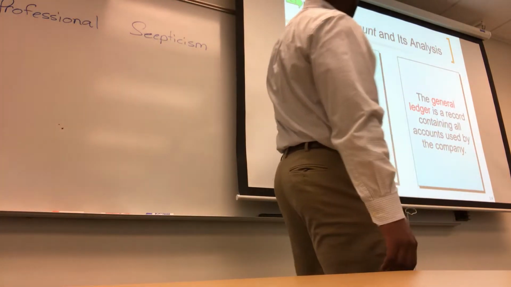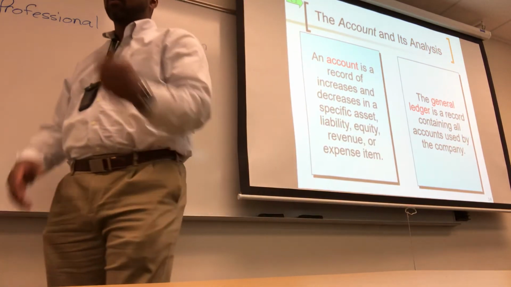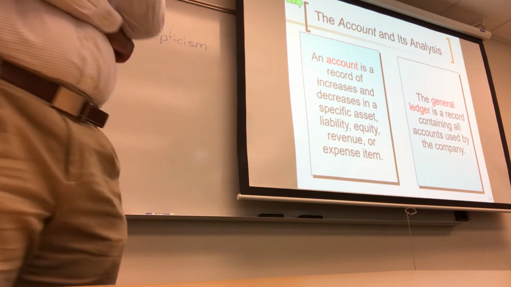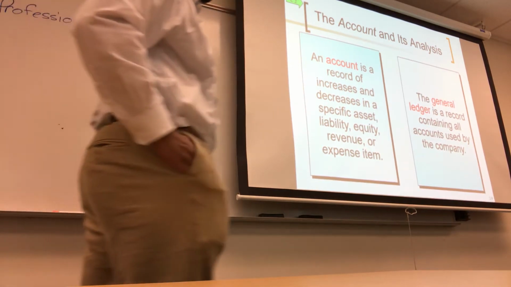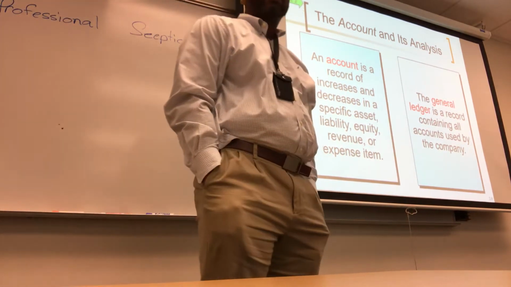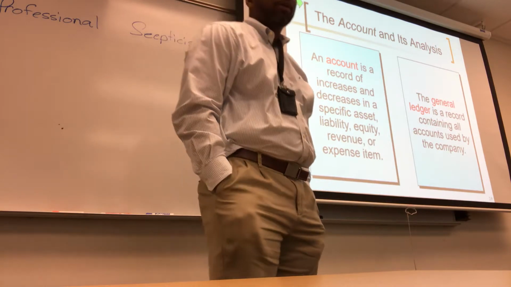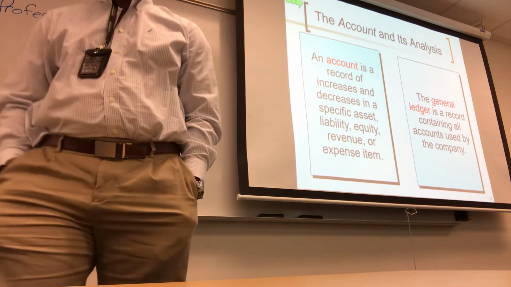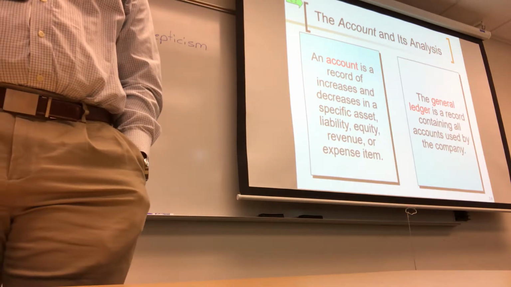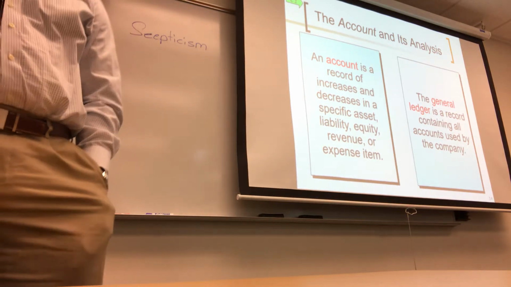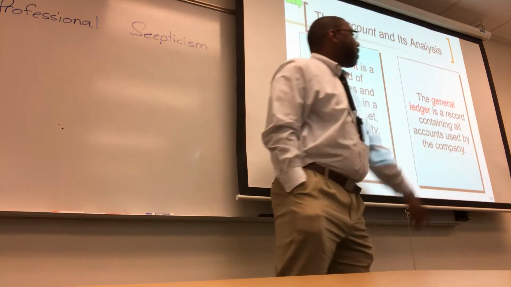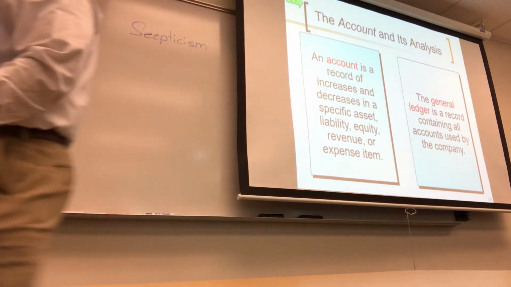The account is an analysis or record of increases or decreases in specific assets, liabilities, equity, revenue, and expenses. Remember, we talked about assets, liabilities, equity, revenue, and expenses for the last 2 or 3 days. And then the general ledger is a record containing all those accounts used by the company.